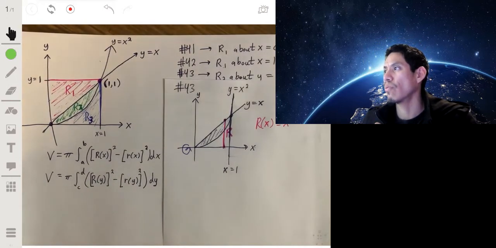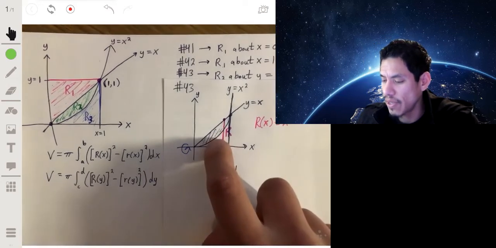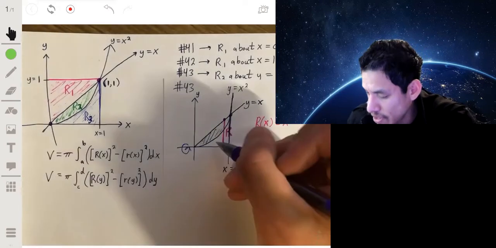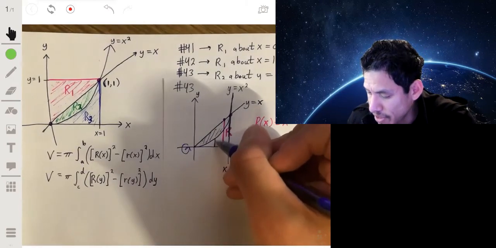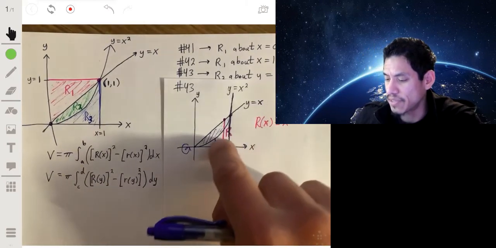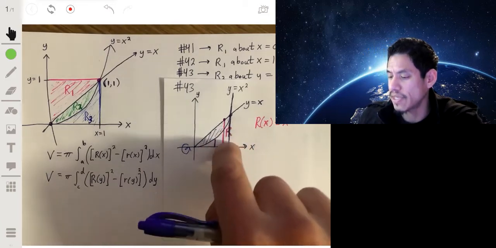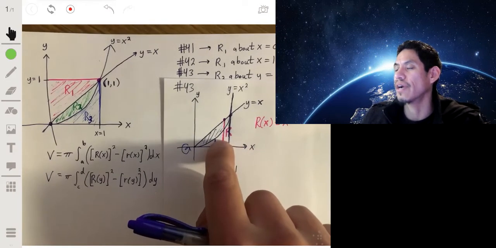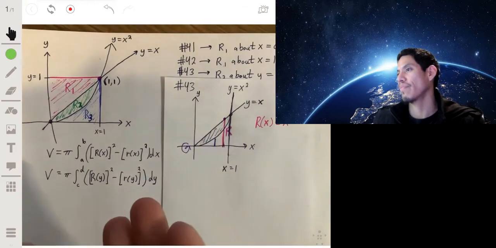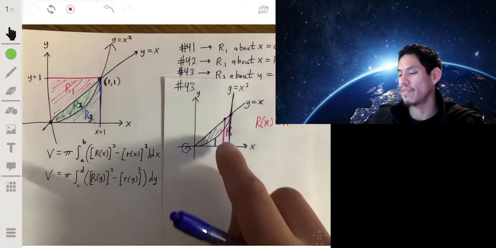Now, what we need to do is find the equation for the distance from here to here, because we need to basically subtract the solid that'll be generated here when we rotate this.